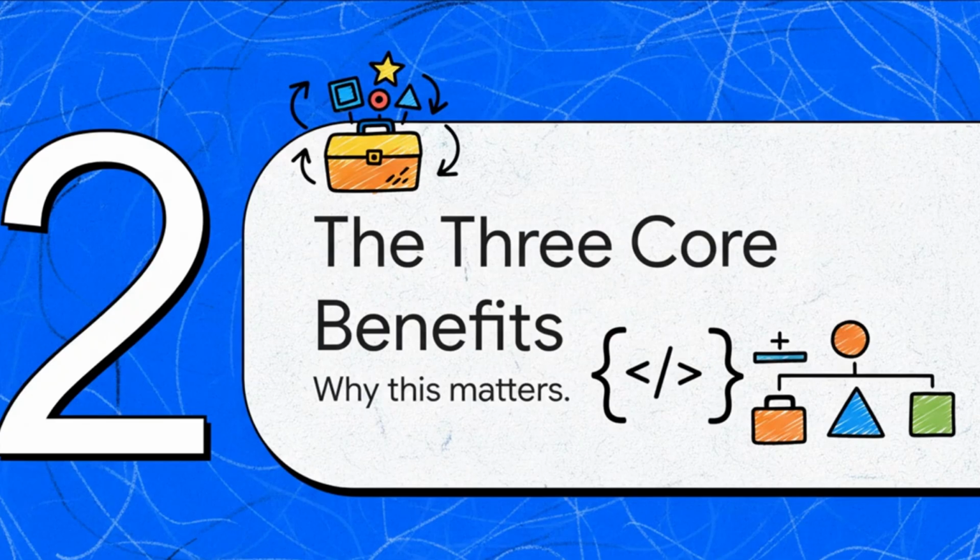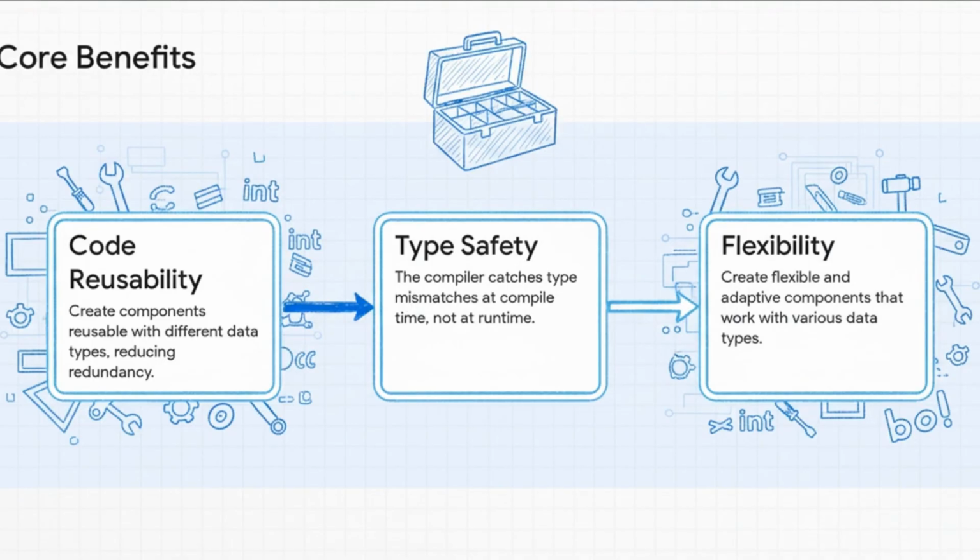So, we've seen the how, but let's really nail down the why. What are the big wins here that make generics an absolutely essential part of modern C#? It really boils down to three huge advantages. First, code reusability. You write Stack<T> one time, and then you can use it for integers, strings, whatever.